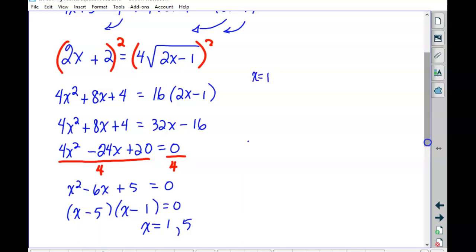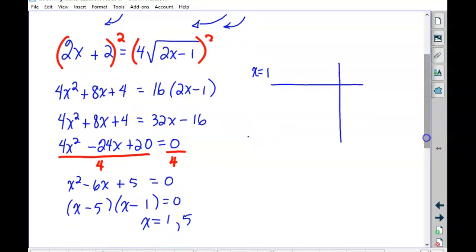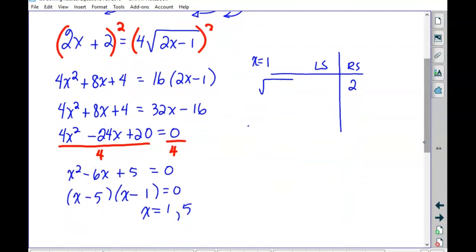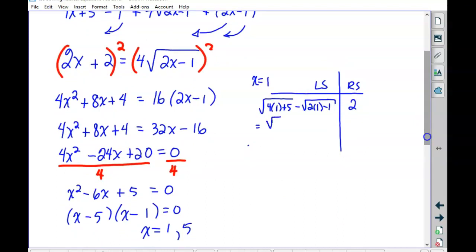And then verify for this. So 4x plus 5. Okay, so x equals 1 works.